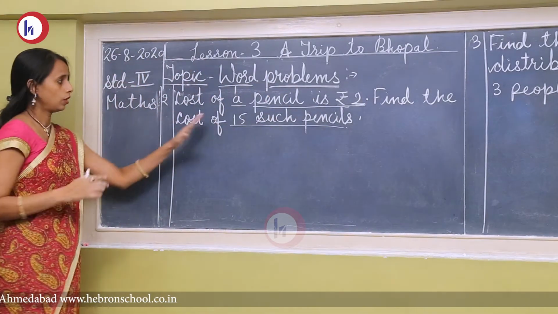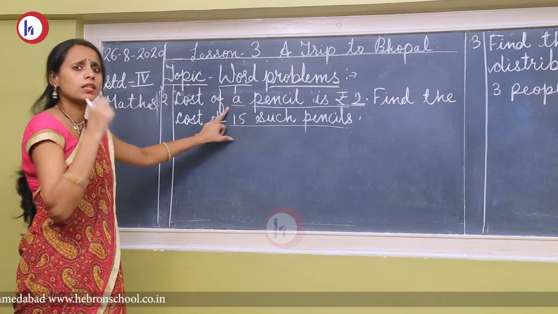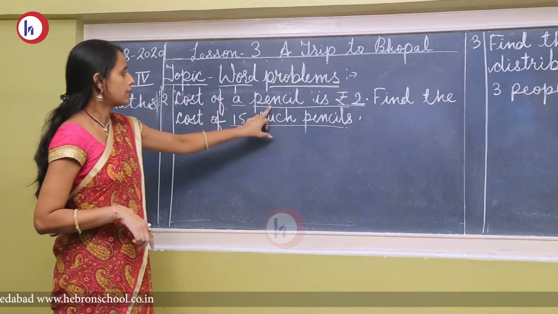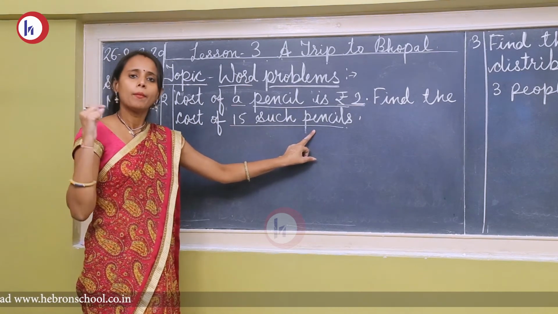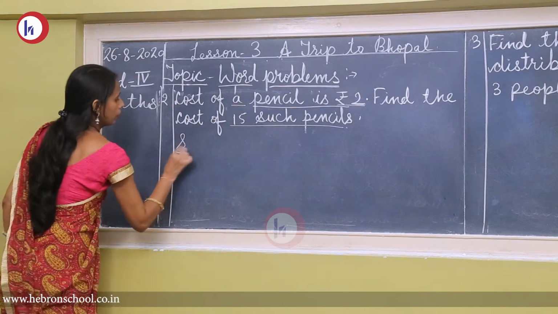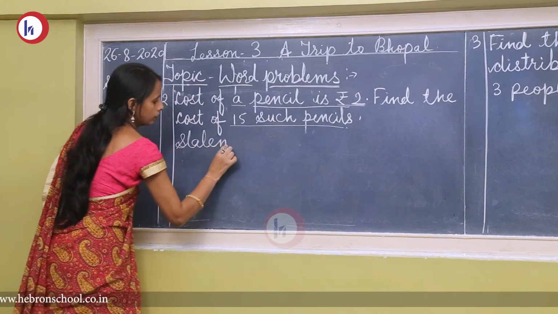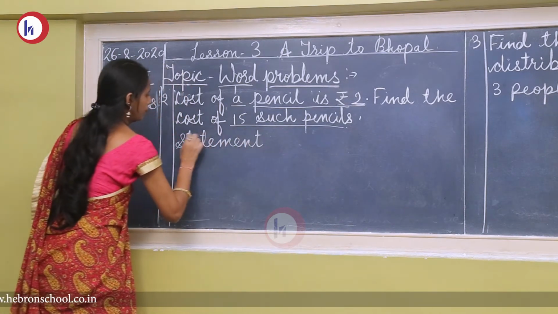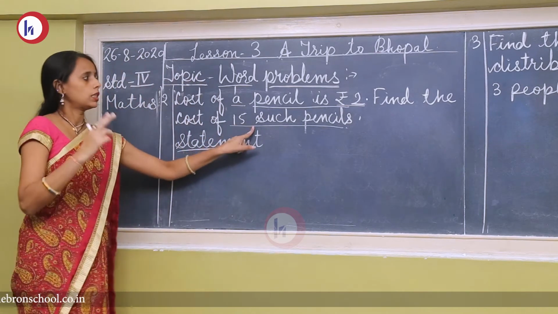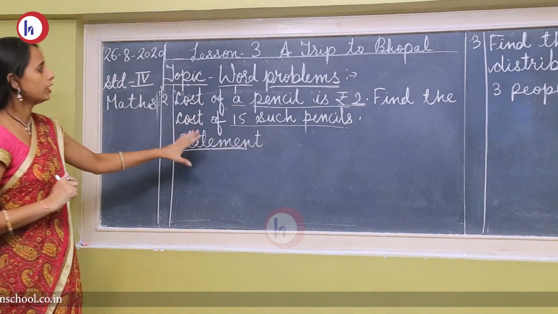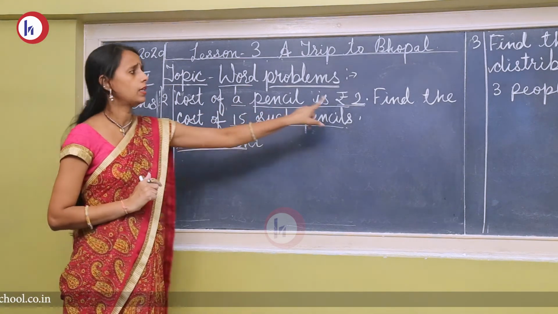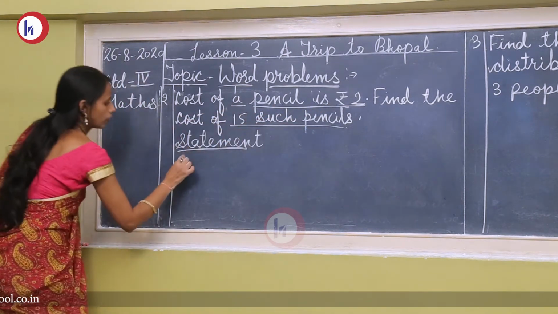Here we should know which word is repeating 2 times: pencil and pencil. So we will start our statement with pencil, because pencil is coming here 2 times. So the cost of one pencil is rupees 2.